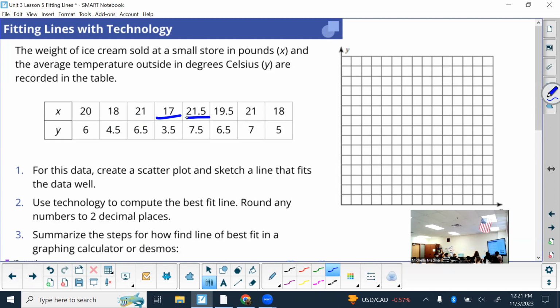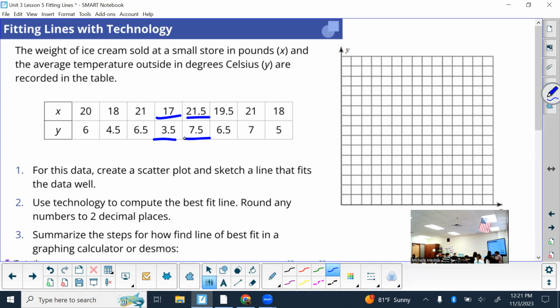Make sure that your X-axis covers all of the numbers. For the Y-axis, my smallest is 3.5 and my biggest is 7.5. Maybe consider counting by 0.5s if you have enough room. But plot your data on a scatter plot. I'll show you how to do that in Desmos shortly. So once you've plotted it, log into your computer and pull up Desmos.